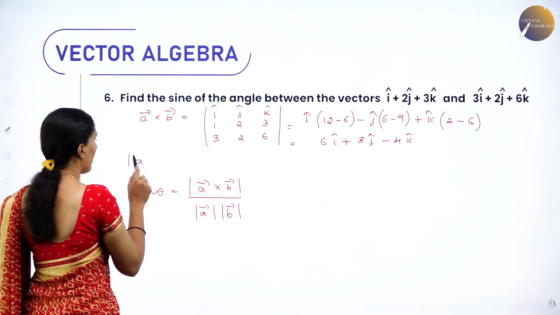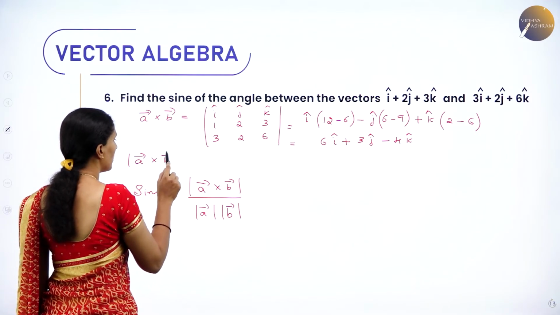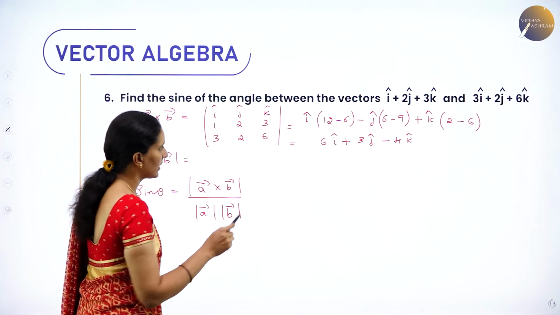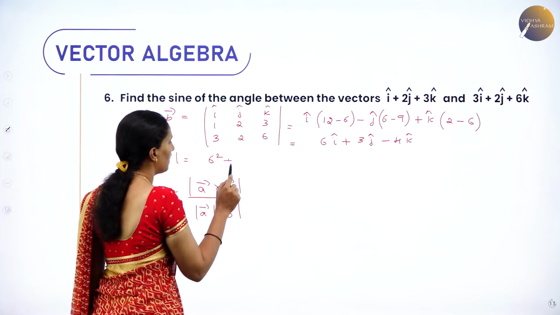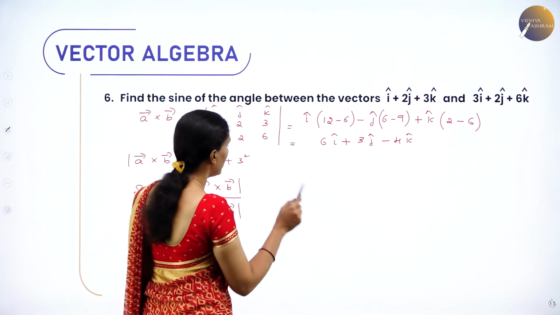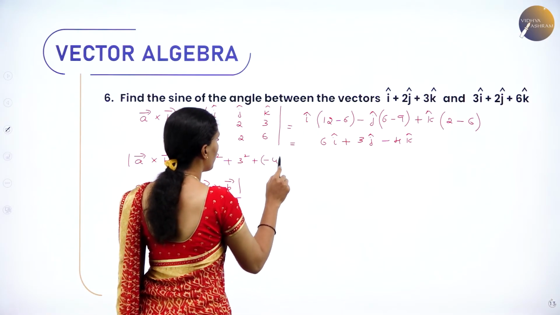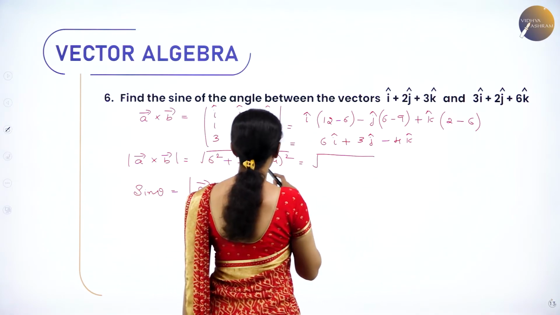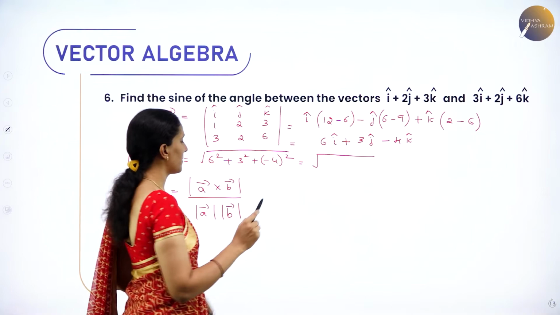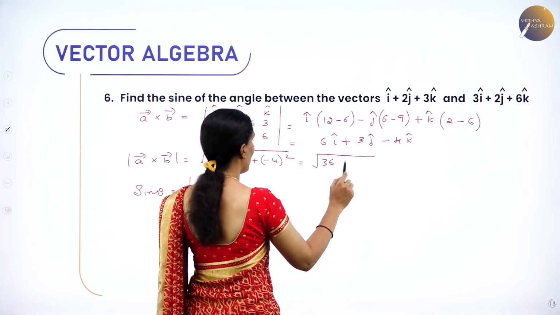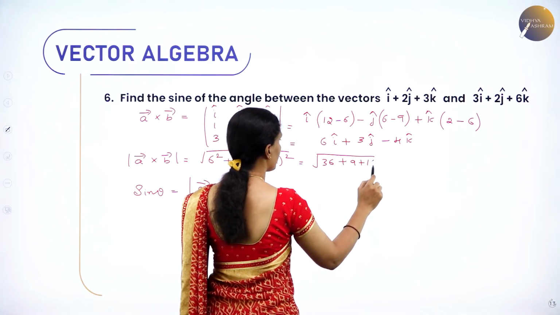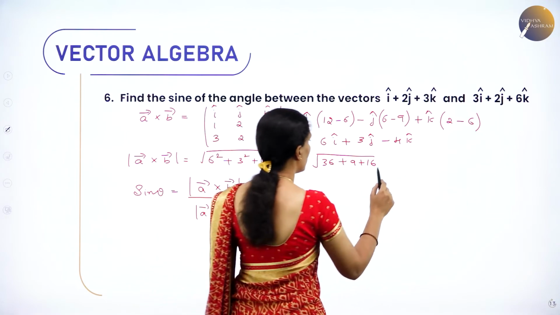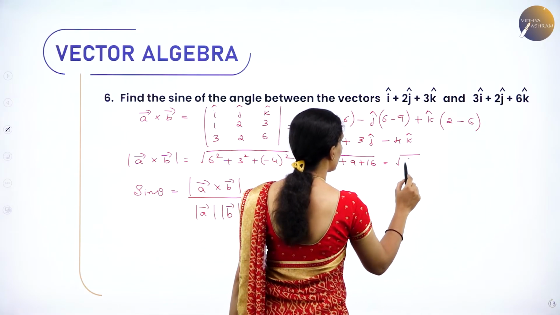Let us take magnitude of vector A cross vector B, which is 6 square plus 3 square and here we have plus minus 4 whole square under the square root, which is square root of 36 plus 9 plus 16. So which is square root of 61.